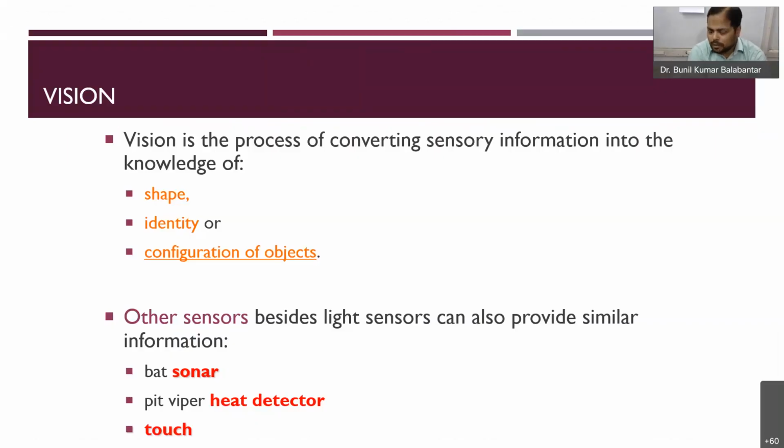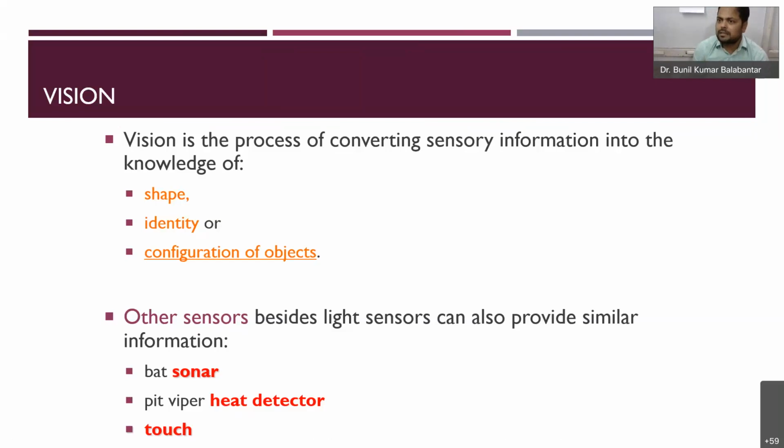Before going to the different developments with respect to finding out the geometry of the object, we need to understand what vision is. What are the vision senses available? Vision is the process of converting sensory information into particular knowledge.